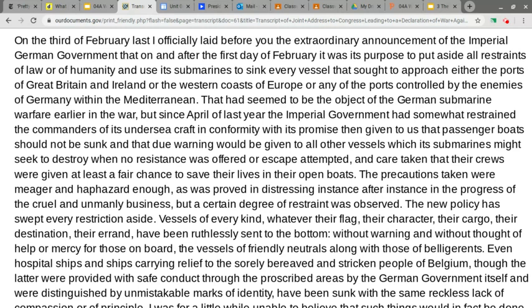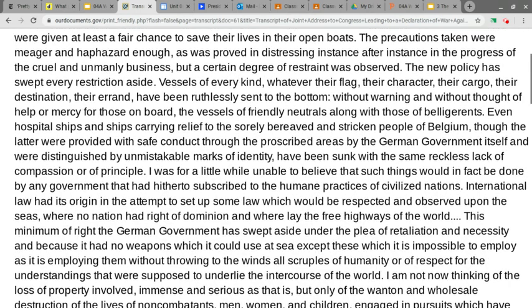The new policy has swept every restriction aside. Vessels of every kind, whatever their flag, their character, their cargo, their destination, their errand, have been ruthlessly sent to the bottom without warning and without thought of help or mercy for those on board, the vessels of friendly neutrals, along with those of belligerents.